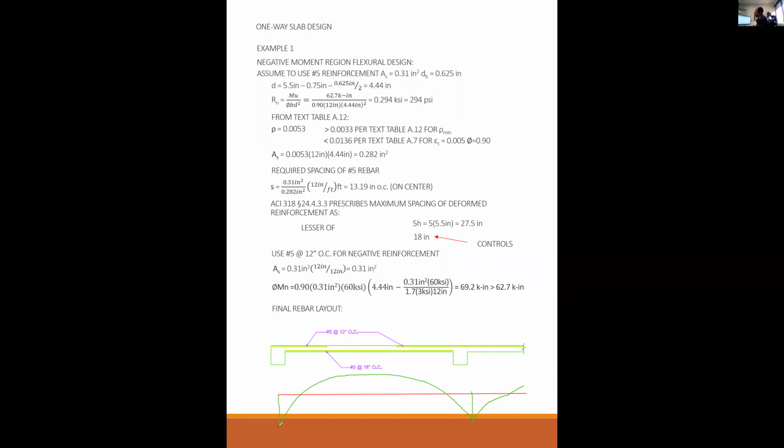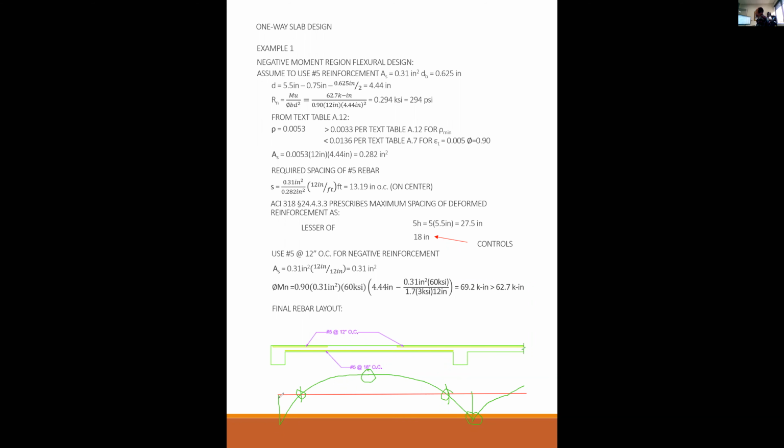So you have negative moment at the supports here and here, and you have a positive moment in the middle. The negative moment magnitude was the 62.7, so that was here. And the positive moment was 42 or something like that. That was here. I drew this gross and out of scale, but the point is there's an inflection point here and here.